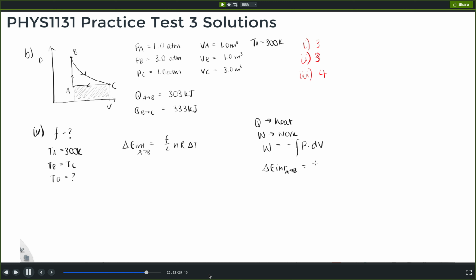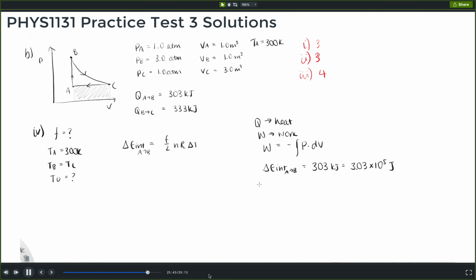It is 303 kilojoules. We need to work out what the temperature at A and the temperature at B is, and we need to work out what the number of moles are. So there's a few things that we need to work out. Let's do one thing at a time.